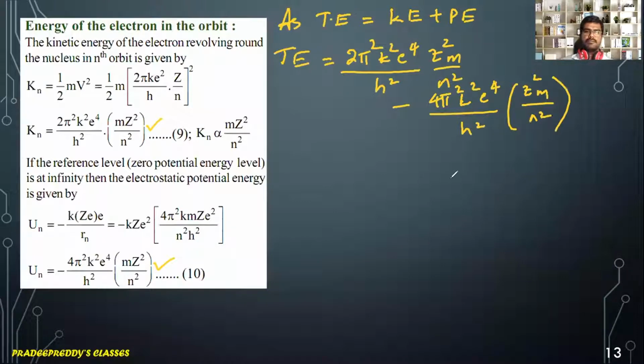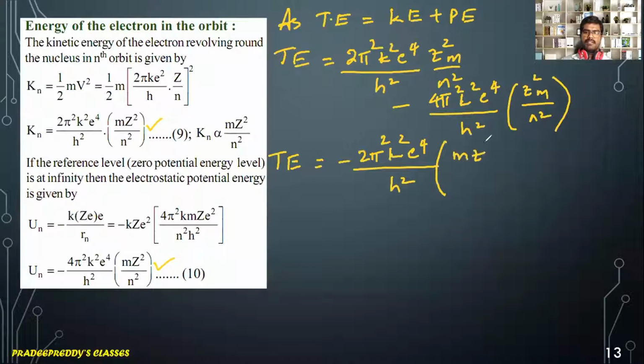In both terms, we will bring out the common values. So it will be minus 2 pi square k square e power 4 divided by h square into m z square divided by n square.